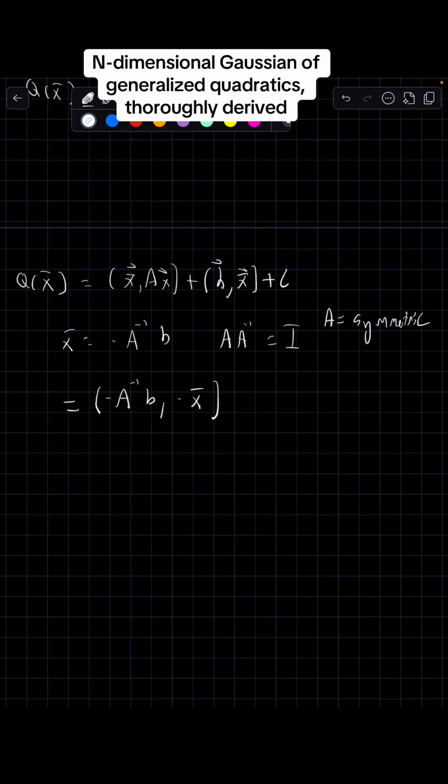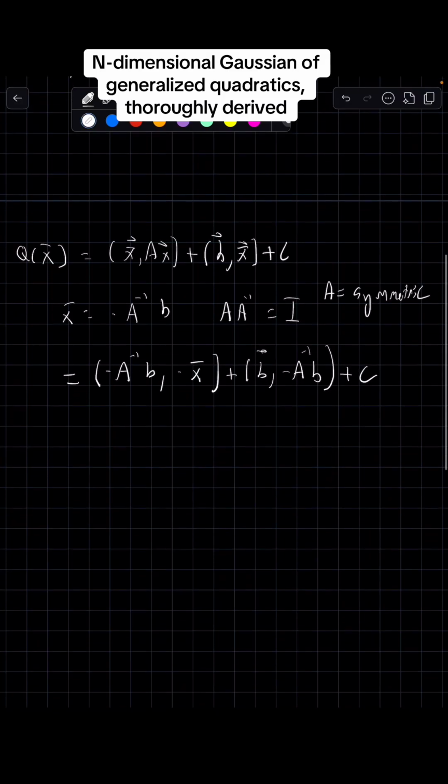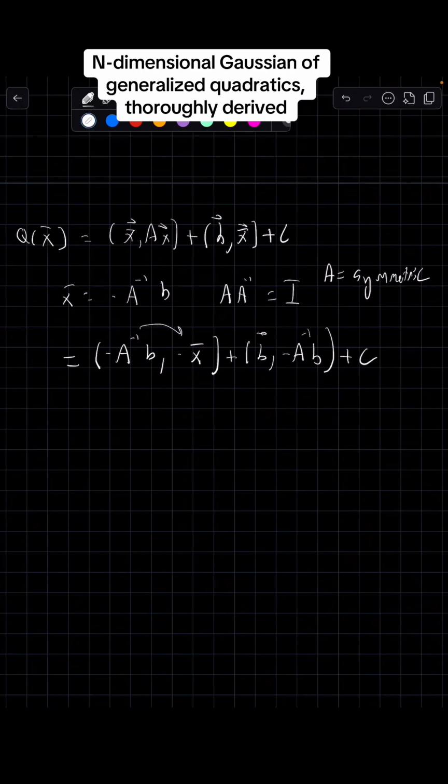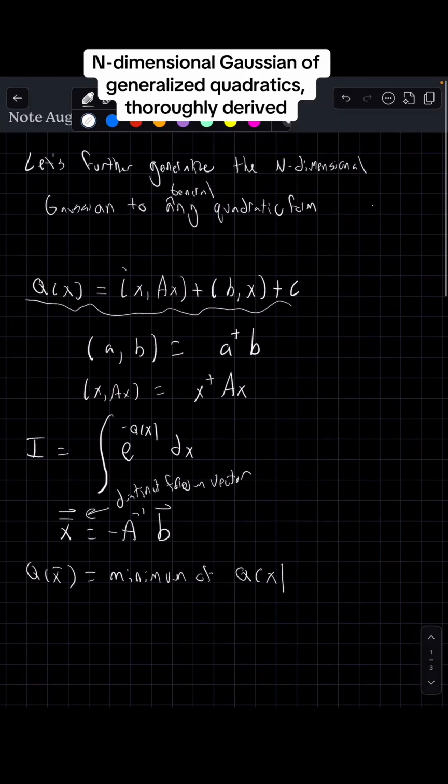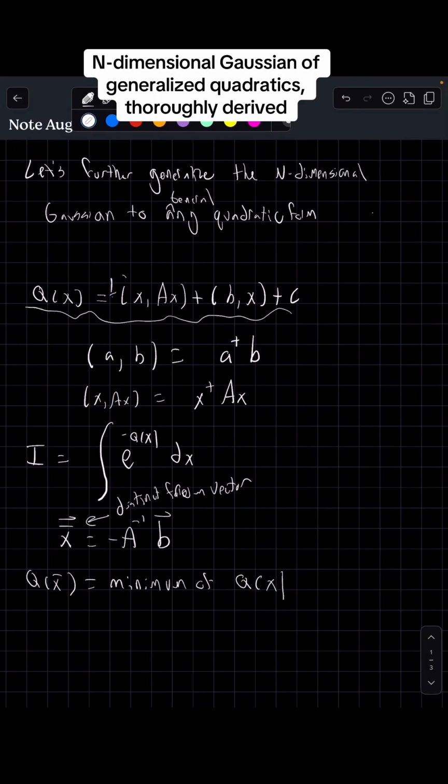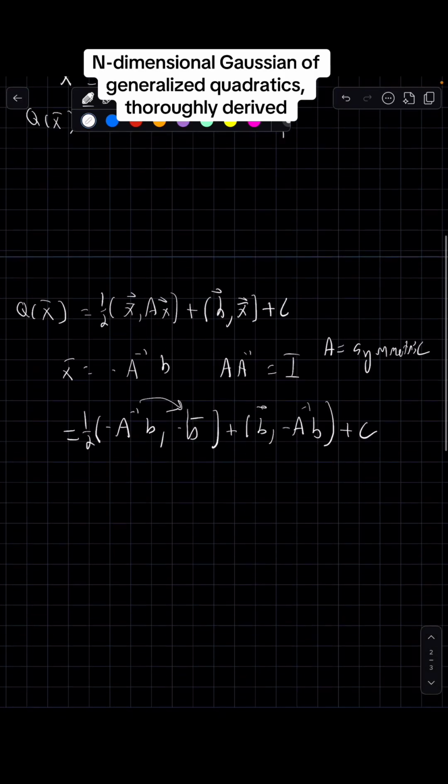Oh, this is not x bar, this is minus b. This is 1/2. I forgot to append that to the quadratic form. There we go.